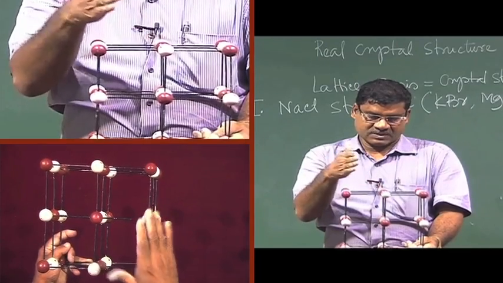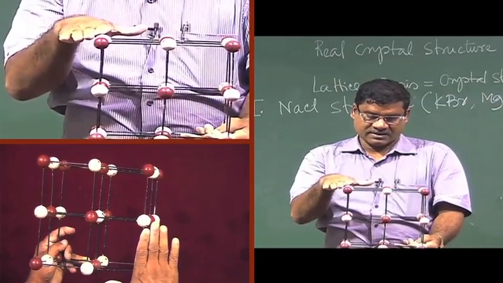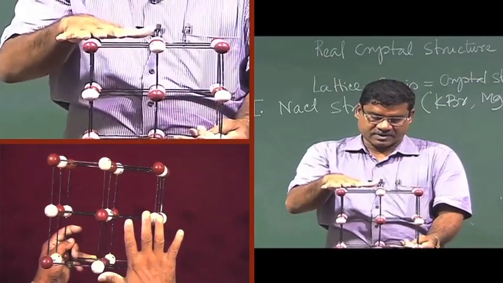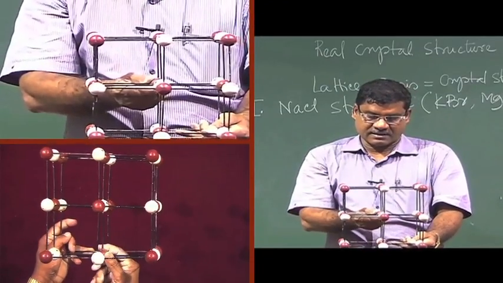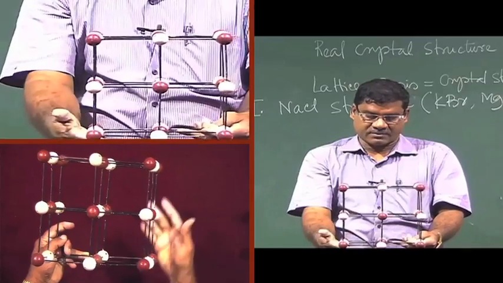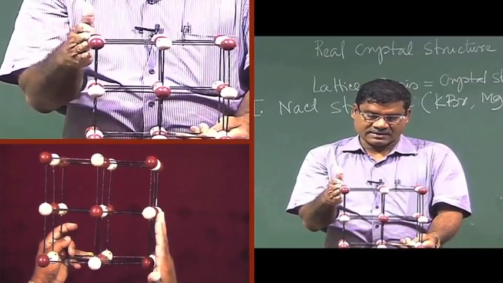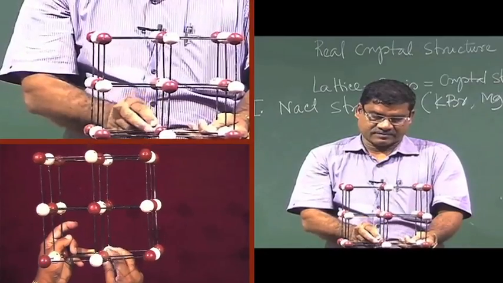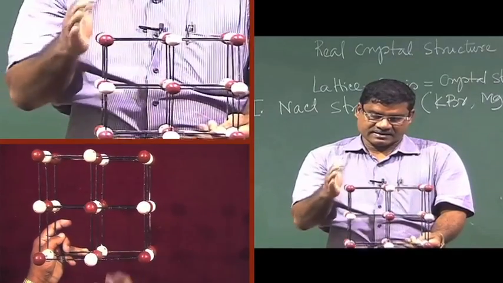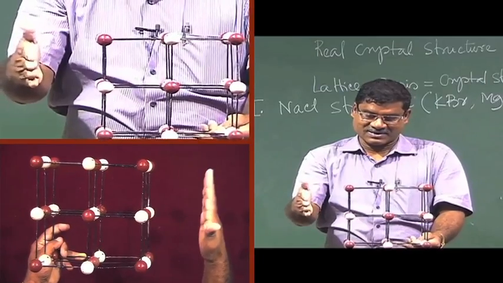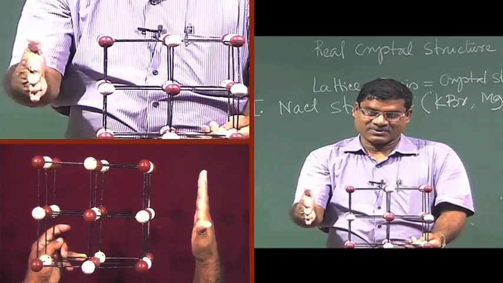Here, if I see just the brown ones, 5 brown, then in the middle 4 brown, and then again 5 brown. If you look at the white ones, here 5 white, then 4 white, and if you consider the next layer, again 5 white will come.